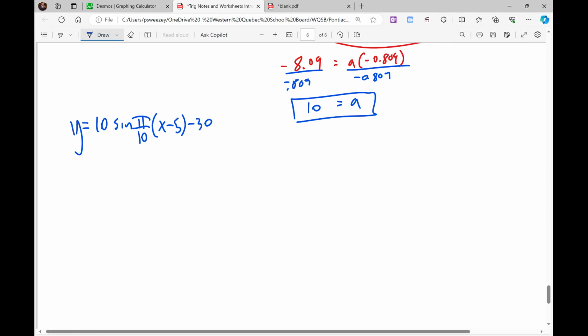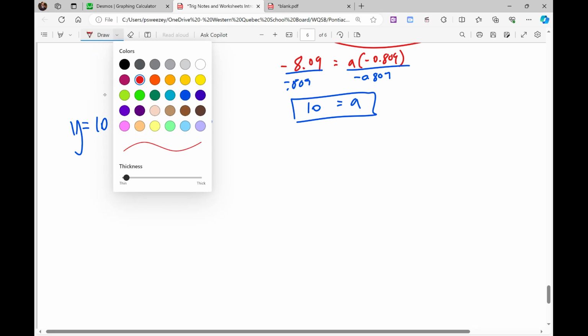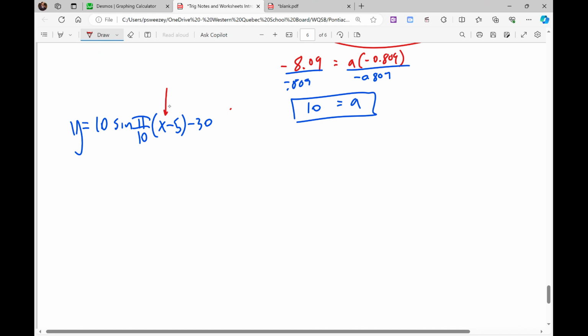Now that I have the rule, I can use the rule, and all we're going to do is plug in a value for x. What is that value for x? That's the 13.3 that we found earlier. So now we can solve for the y value when x is 13.3.